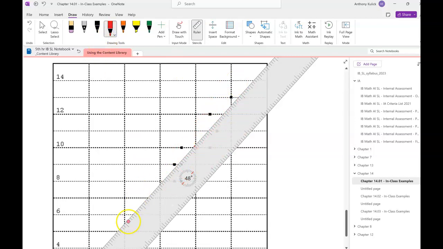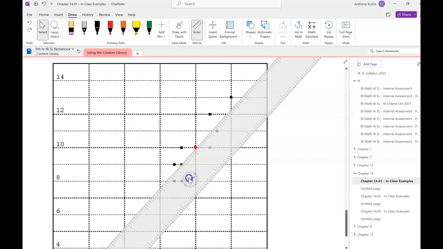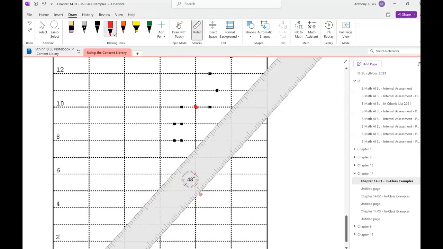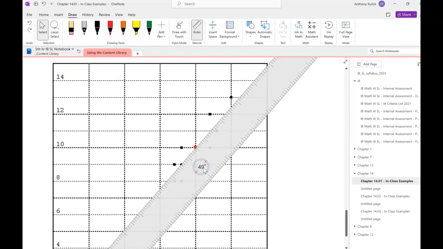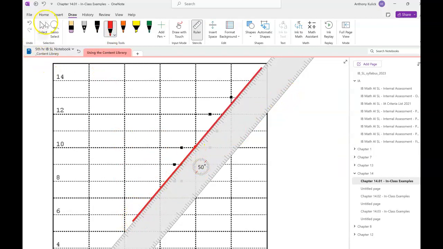That looks okay. You know, so maybe something like that. That's not quite through that mean point, though. Let's do a little better there. You know, so maybe something like that.